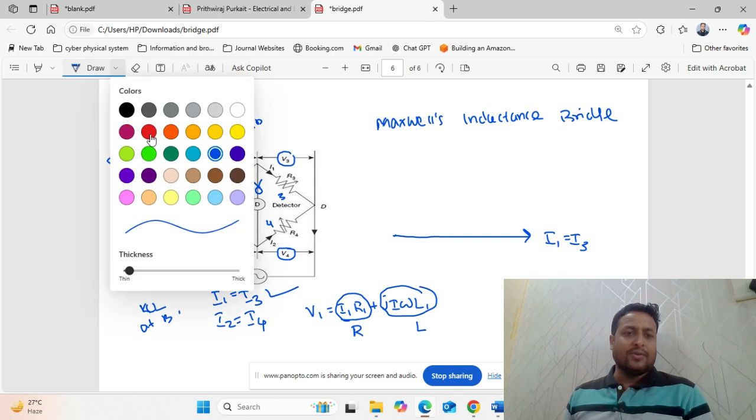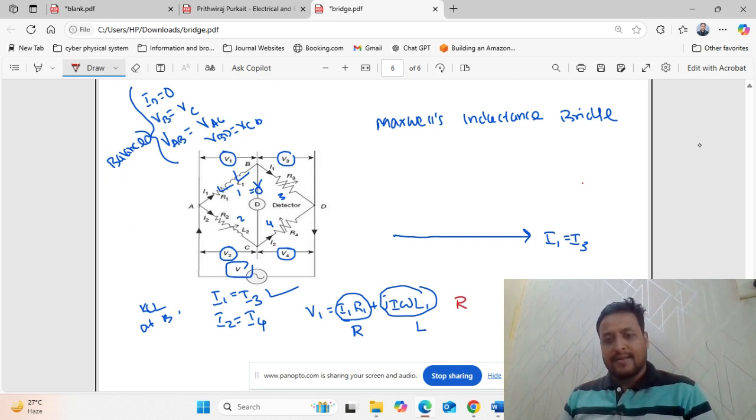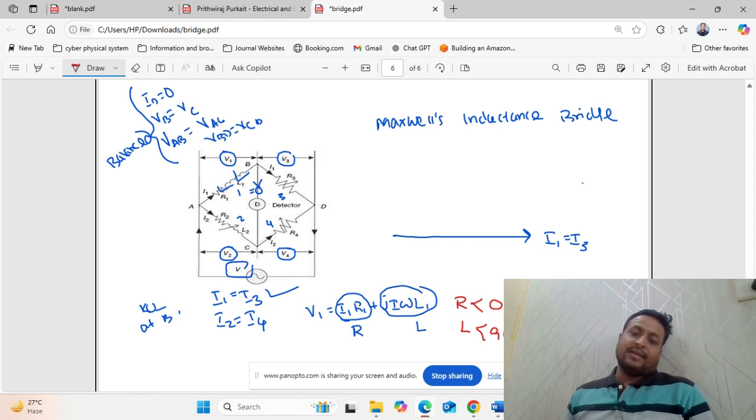We need to draw the voltage. When you draw the voltage of the resistor, we know from last class that for a resistor the phase angle between voltage and current is 0, and for the inductance the phase angle between voltage and current is 90 degrees. So I1 is this one, and this will be my I1 into R1.